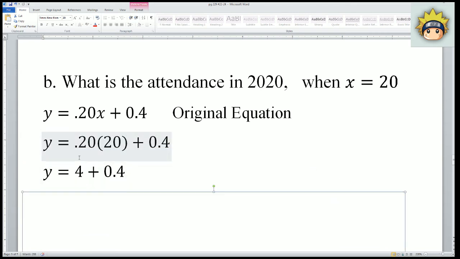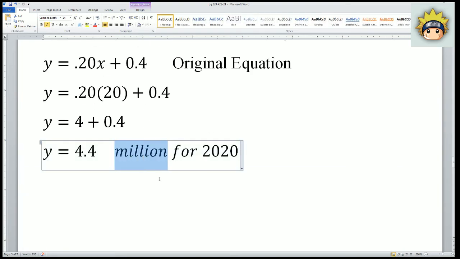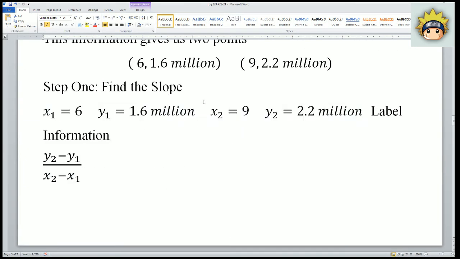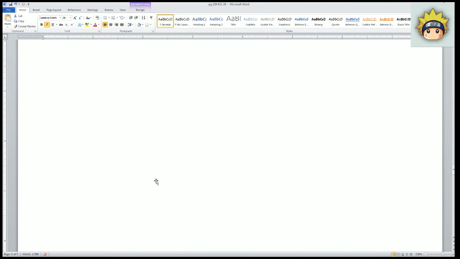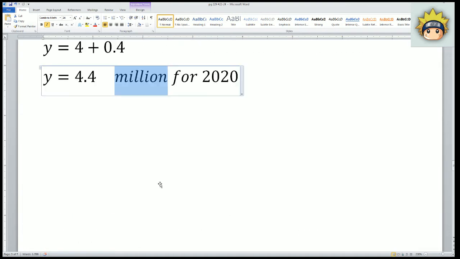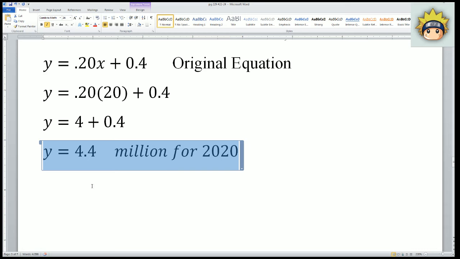Then I simplify: 0.20 times 20 is 4, plus 0.4 is 4.4, which stands for million, because remember the attendance was in units of millions. That is the attendance for 2020. If it keeps increasing at a constant rate, the attendance is estimated at 2020 to be 4.4 million.